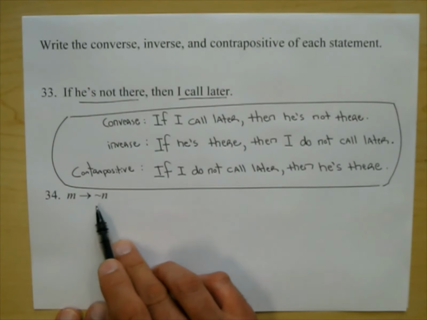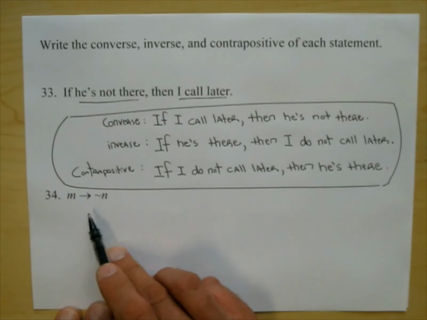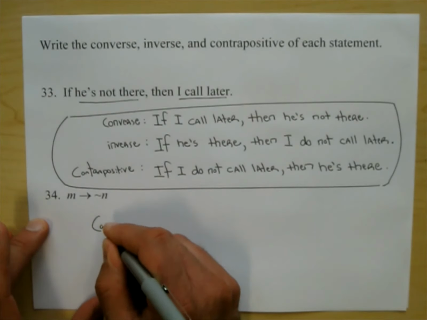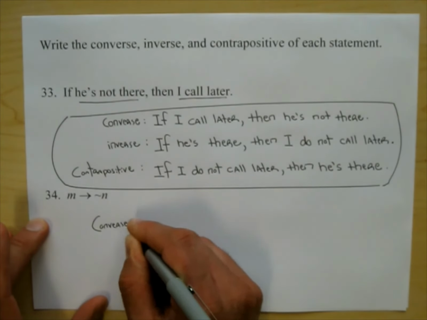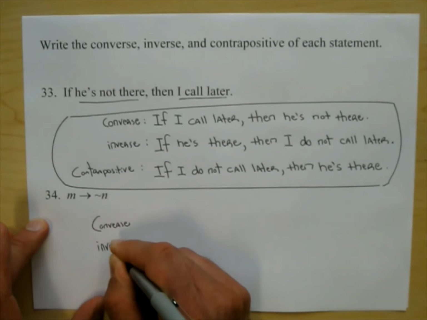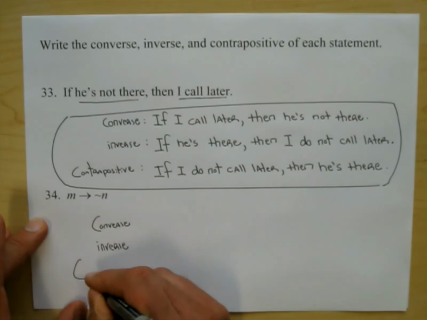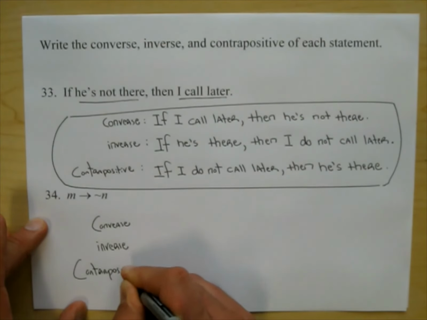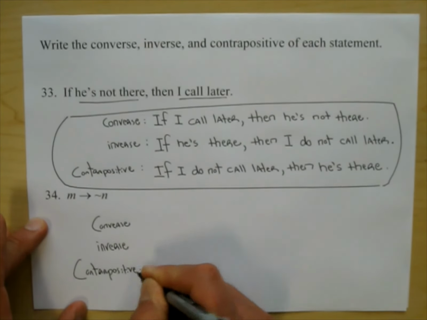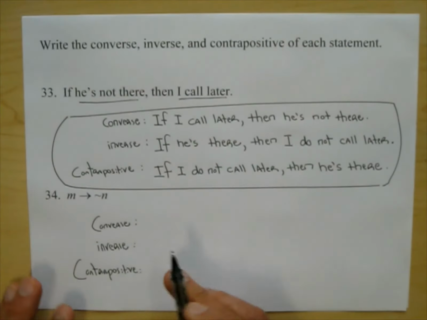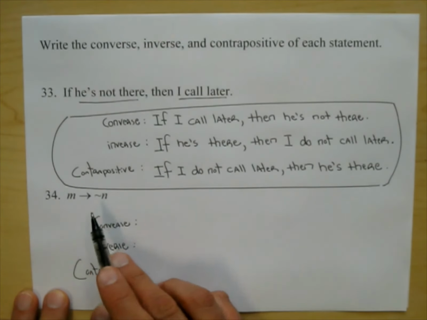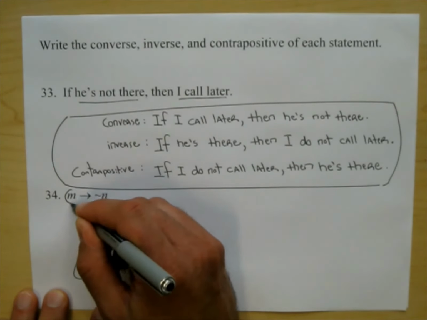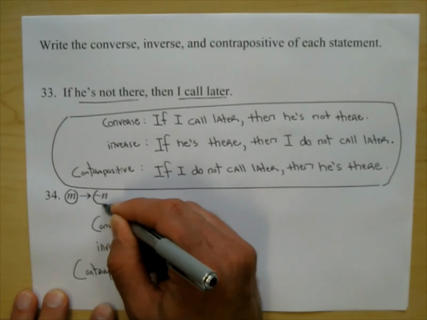Of course, now they're asking us to do it on this one. This will be a lot less writing. So let me go ahead and write converse, inverse, and contrapositive. Converse is a swap. So remember these guys right here, there's the hypothesis, here's the conclusion.